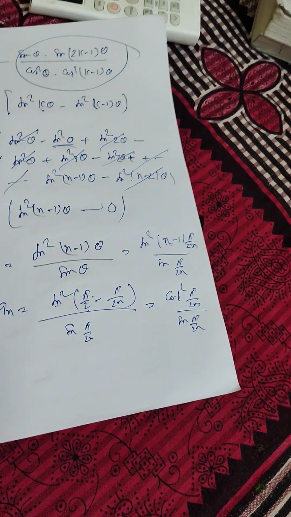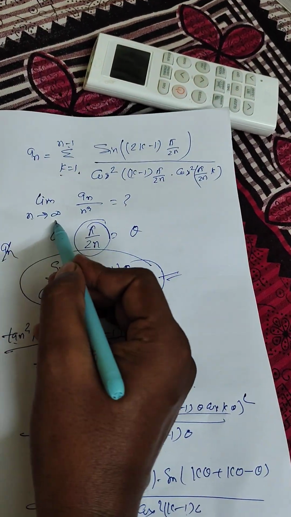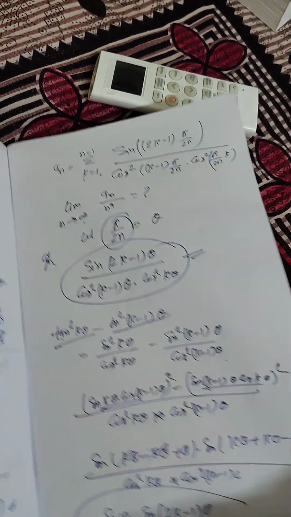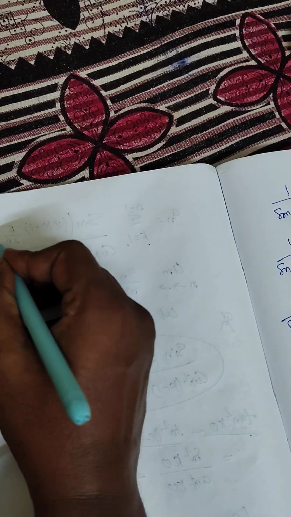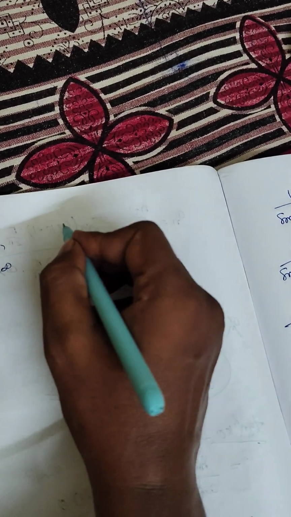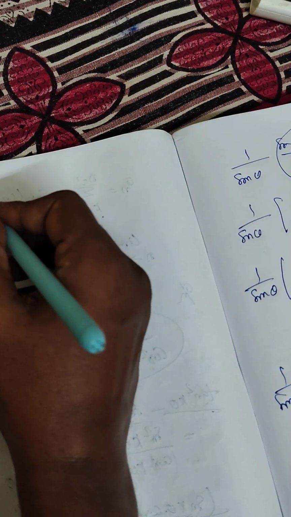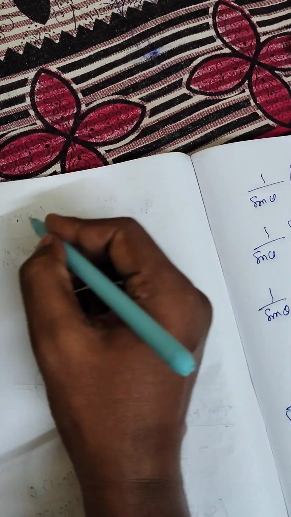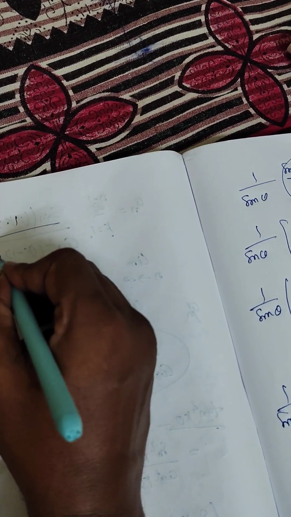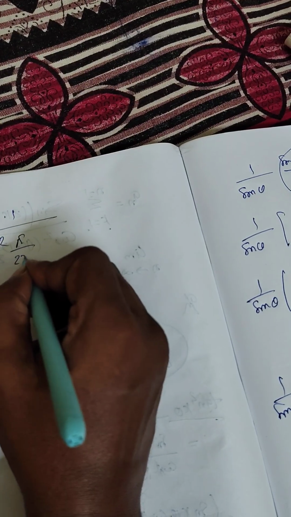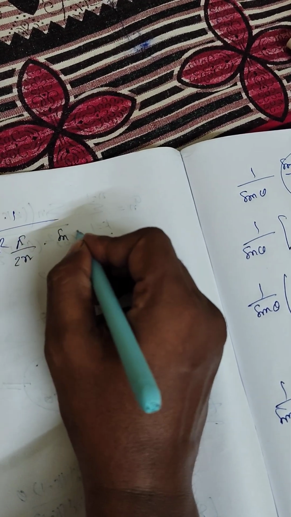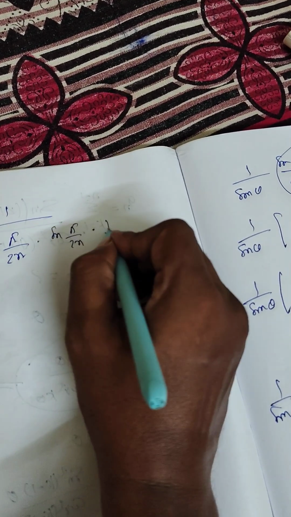Now finally, the question is limit n tends to infinity a_n by n cube. Start: limit n tends to infinity, find the value of a_n. This is a_n: cot means 1 by tan, so 1 by tan square (pi by 2n) into sin (pi by 2n) into n cube.